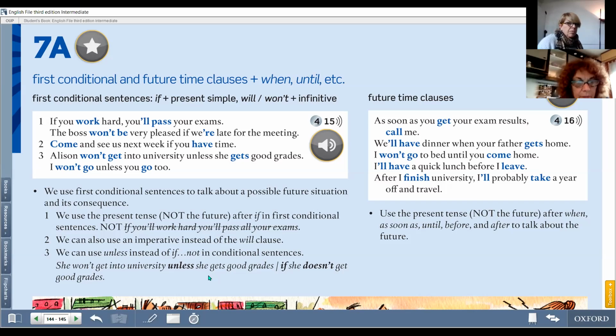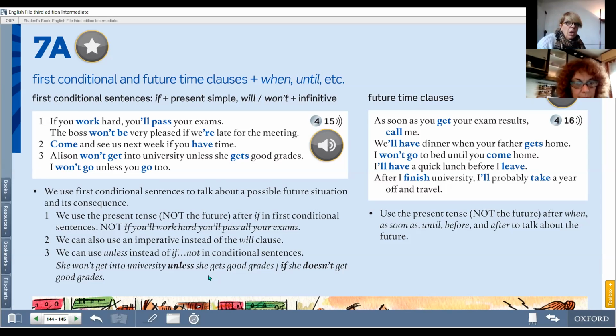You can also use an imperative instead of the will clause. You can use unless instead of if, not, in conditional sentences. She won't get into university unless she gets good grades. If she doesn't get good grades. Okay, unless, yes, it's the same.